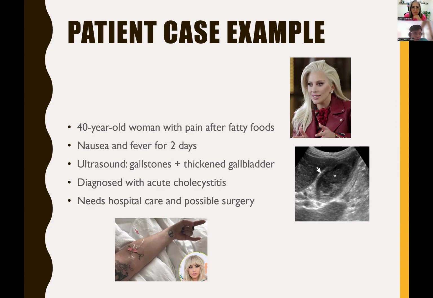She visited a doctor yesterday who performed an ultrasound today. The scan showed gallstones and a thick gallbladder wall. The doctor has ruled out other causes and diagnosed her with acute cholecystitis. Since the patient has pain and a site of infection, she will be admitted for further care. This shows an acute cholecystitis case.